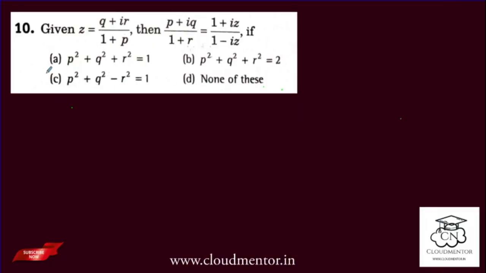So this question we can do by, you know that here z is equal to q plus ir by 1 plus p, and here p plus iq by 1 plus r.